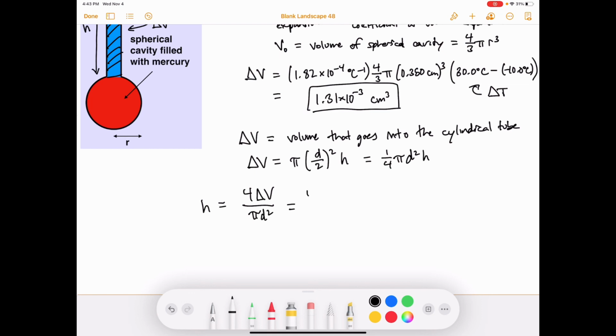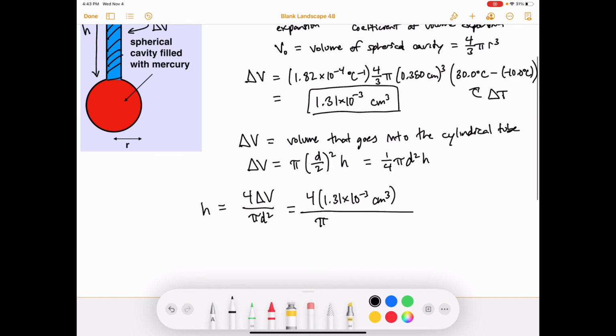So we have 4 times delta V, which is 1.31 times 10 to the minus 3 cubic centimeters. And we're going to divide that by pi times the diameter of the tube, which is 0.00450 centimeters, and square that. And if you crunch those numbers, you'll get 82.4 centimeters.